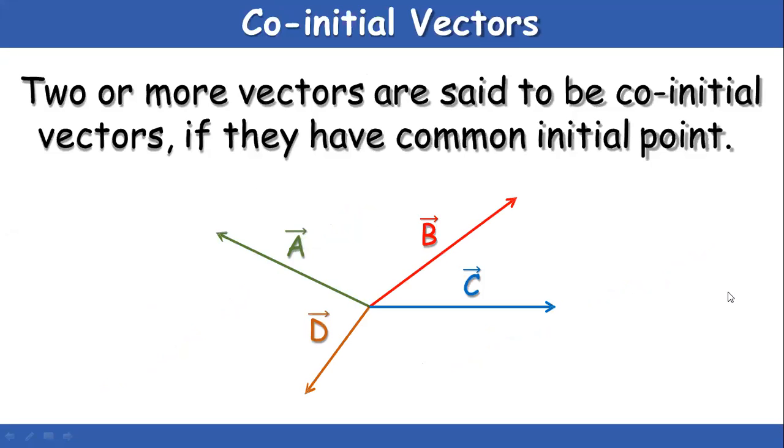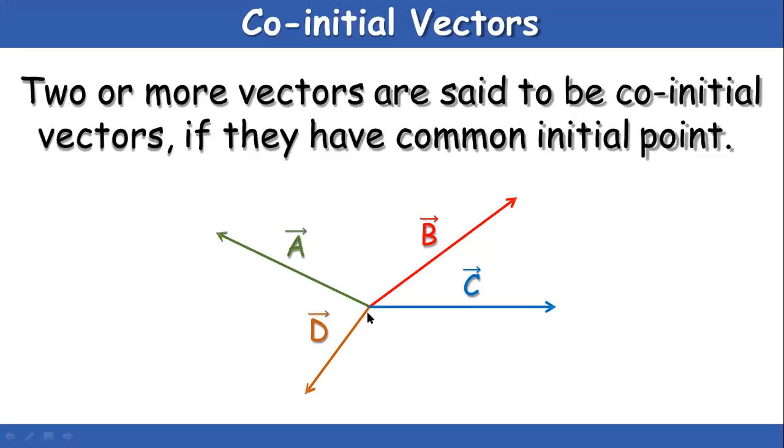The next type of vector is the co-initial vectors. Co-initial vectors have a common starting point. If I see vectors A bar, B, C and D, they are originating from the same point.